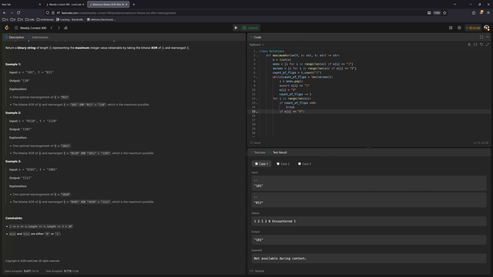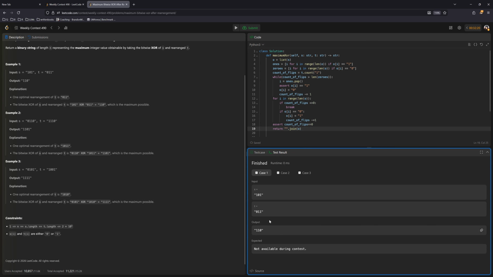If O of I equals 0, then O of I equals 1, and count of flips minus equals 1, and then we're going to do assert count of flips equals 0, and return dot join O. Okay, 110.